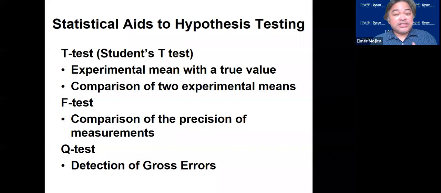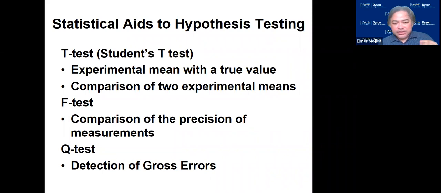We could say the statistic gives us the probability that the observed difference between the two means arises from random measurement uncertainty. Here we're going to discuss two cases: where we compare an experimental mean with the true value, and then we compare two experimental means. And then we will do the F test, Q test and G test as we go on.